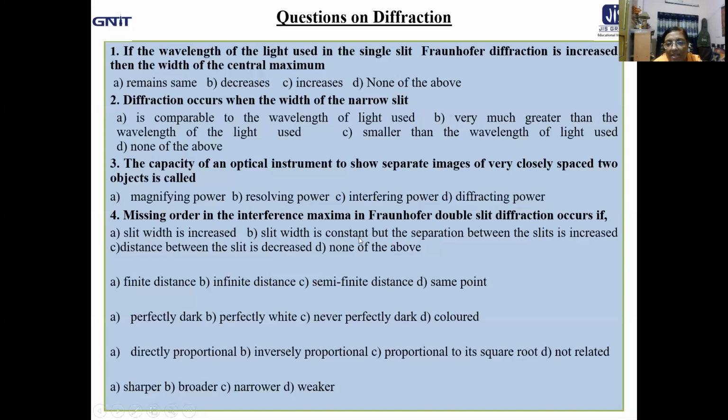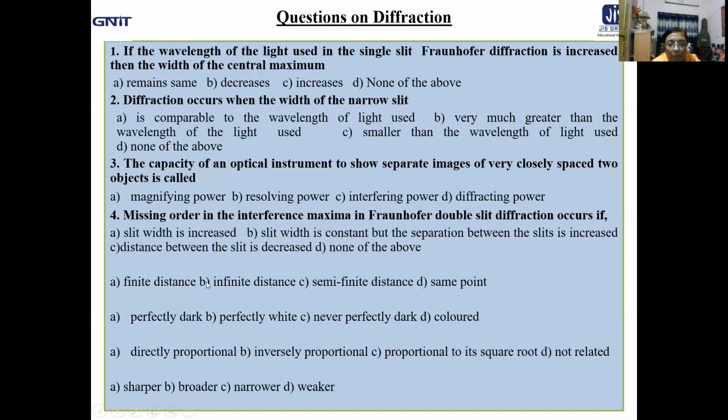Obviously, we have considered a to be constant and d to be varied. Naturally, to have the missing order, the condition to be satisfied is that slit width is constant but the separation between the slits is increased.